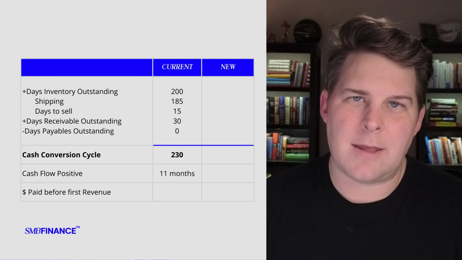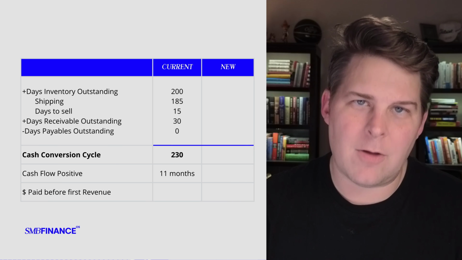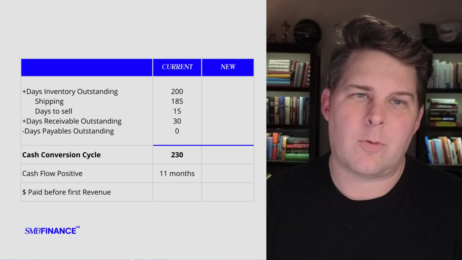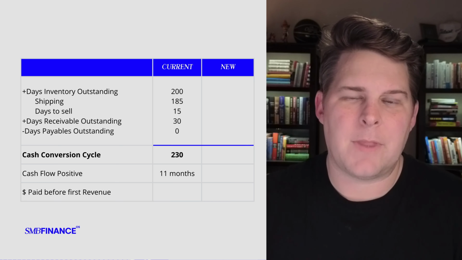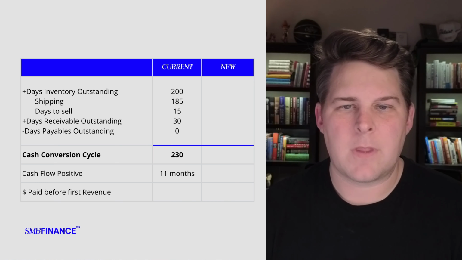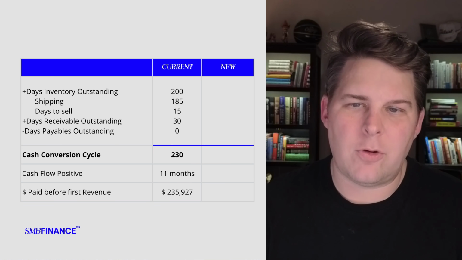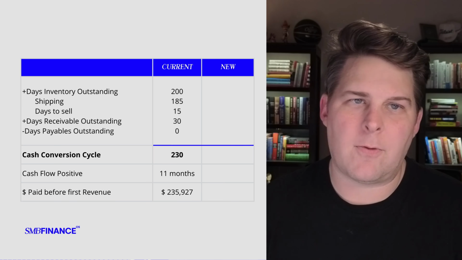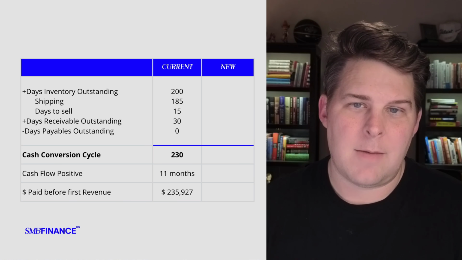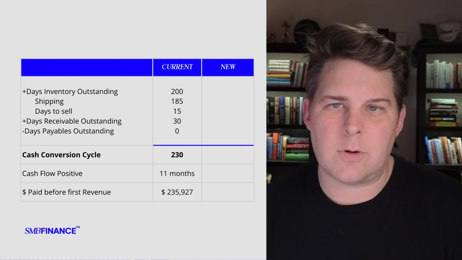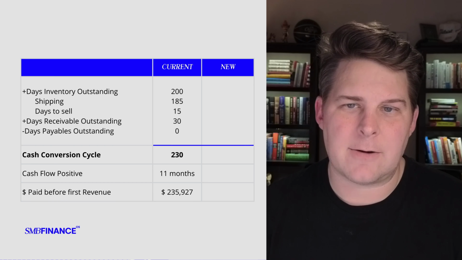Only then could they start paying themselves, or start actually reinvesting the new cash into that cycle. Because of that outlay, they had to pay out $235,000 before they even got a dollar back in, because of that 230-day cycle, really that 200 inventory outstanding days cycle.